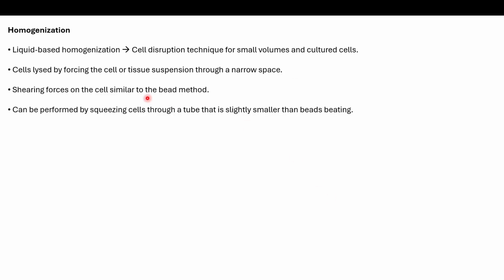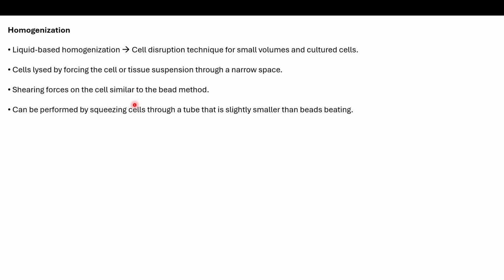Then there's another method called homogenization. It is a liquid homogenization. Again, this is another technique to disrupt cells for small volume cultures, where the cells are lysed by forcing the cell or tissue suspension through a narrow space, and then shearing forces are applied on the cell.